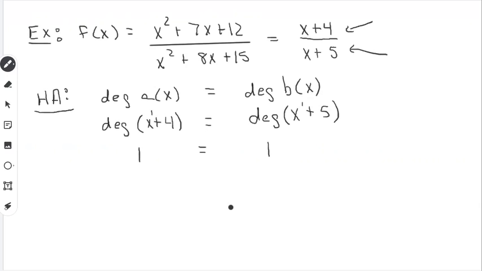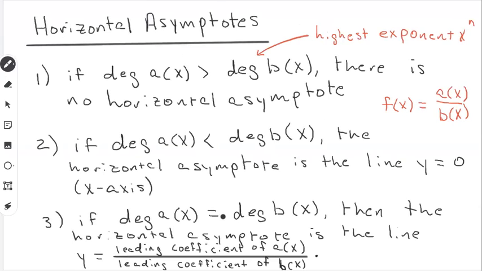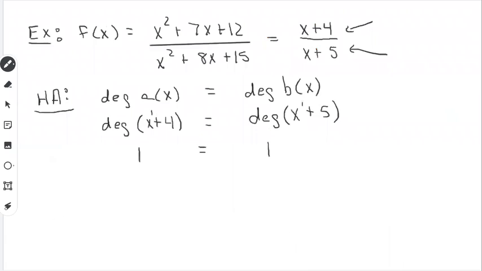So if the two sides are equal, what do we do? Well, going back to our last slide, we know that the horizontal asymptote is going to be the line y equals leading coefficient of a of x divided by leading coefficient of b of x. So now we want to find the leading coefficient of the top, which is x plus 4, that's the numerator.